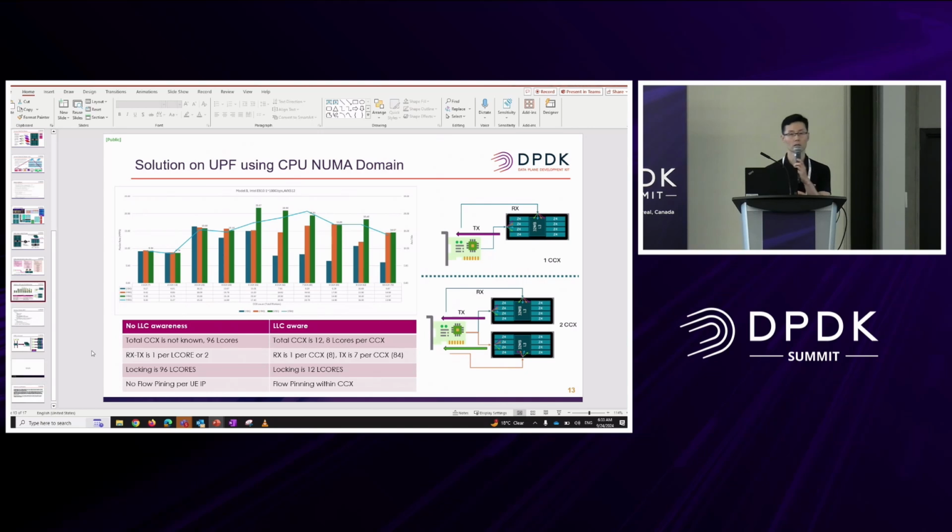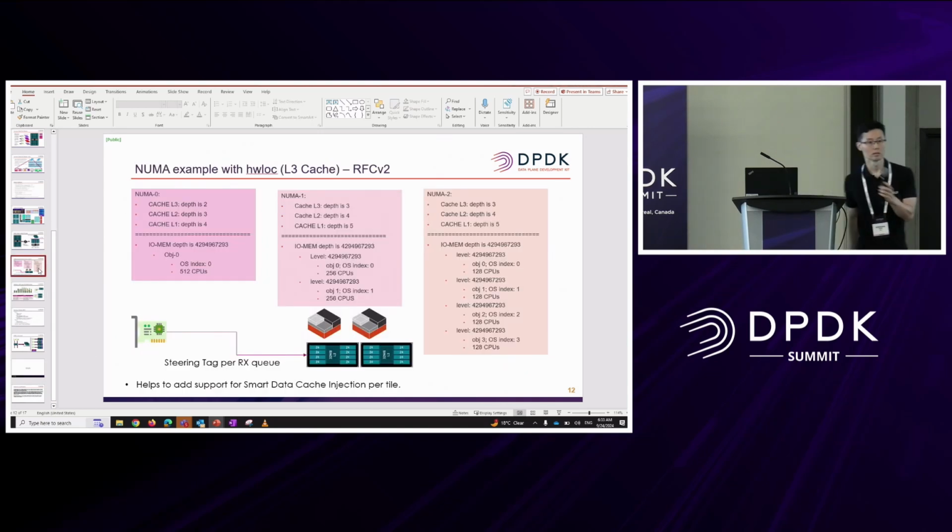Keesang, can you go to slide 12? So one point I missed out to share. I did talk about having the accelerator getting impacted also with this. Now, why we brought this in is there is a feature called smart data cache injection on AMD EPYC SoCs.